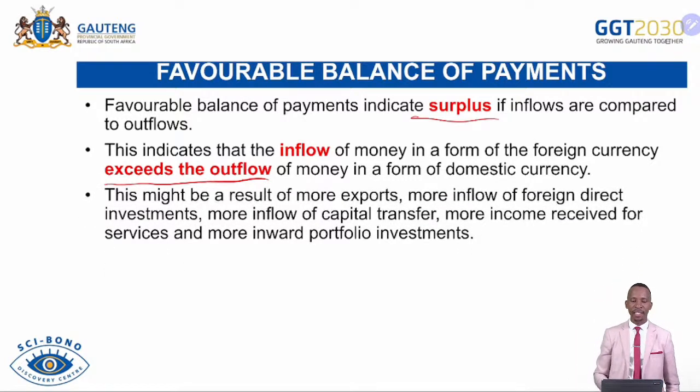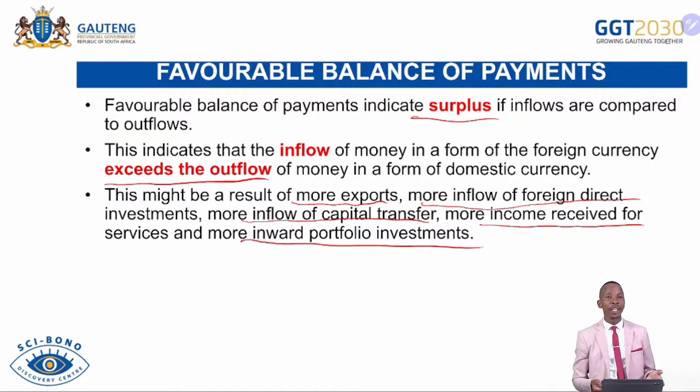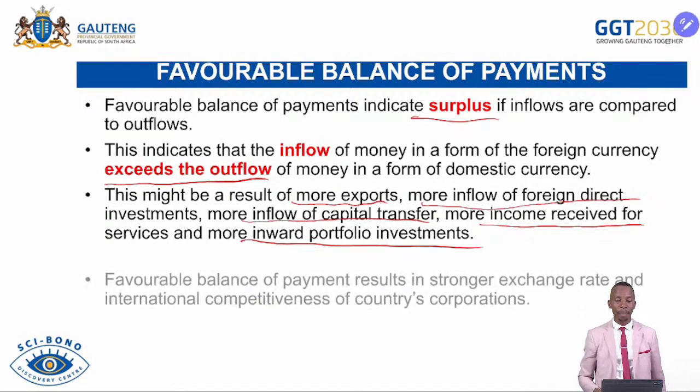This might be a result of more exports, if the country has been exporting more goods and services, more inflow of foreign investments, more inflow of capital from other countries, more income received, also more income received for services, as well as inward portfolio investments. It might be because of that that we find ourselves having the surplus.